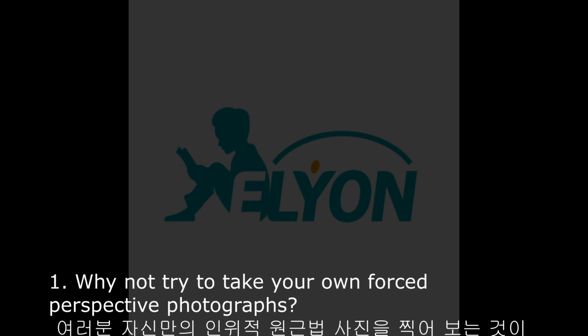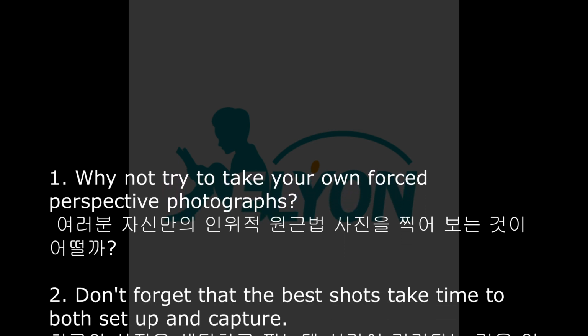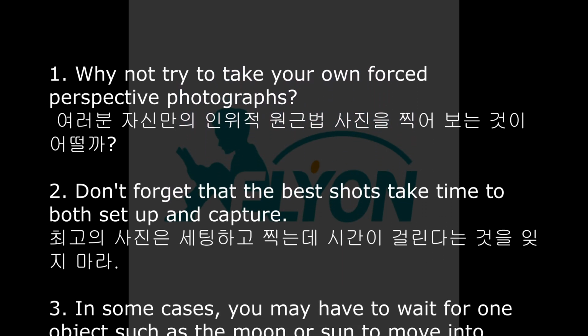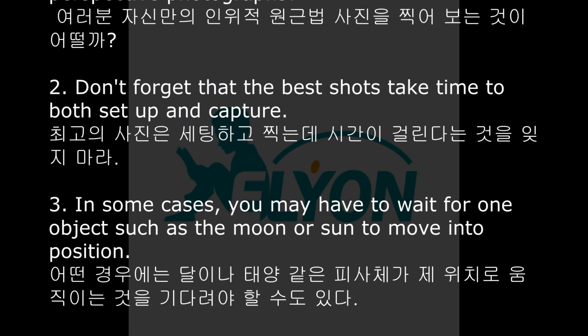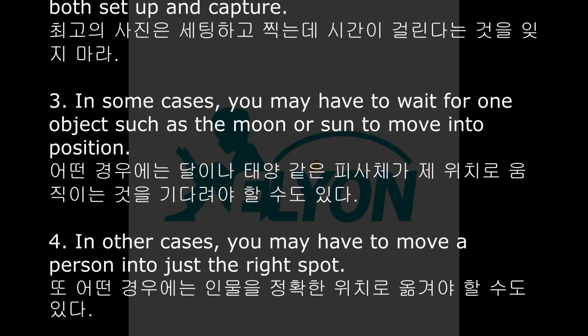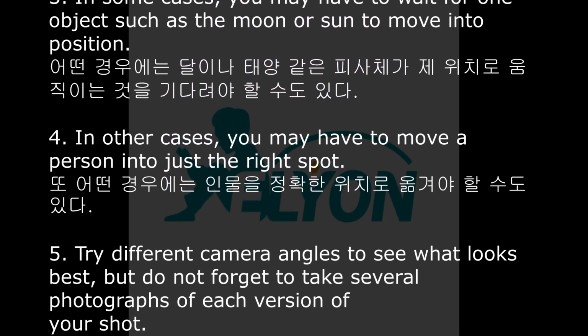Why not try to take your own forced perspective photographs? Don't forget that the best shots take time to both set up and capture. In some cases, you may have to wait for one object such as the moon or sun to move into position. In other cases, you may have to move a person into just the right spot.